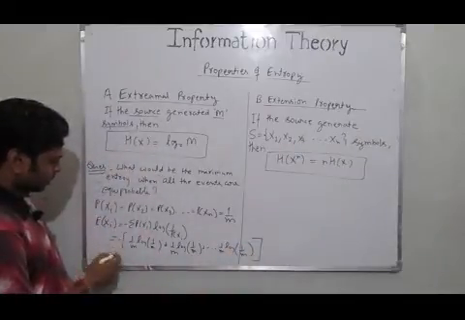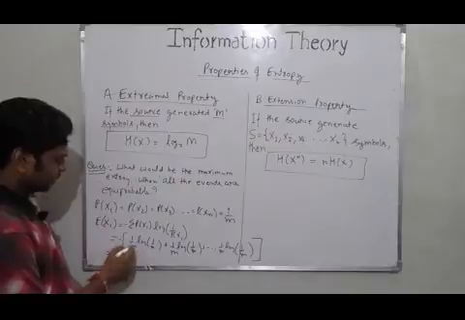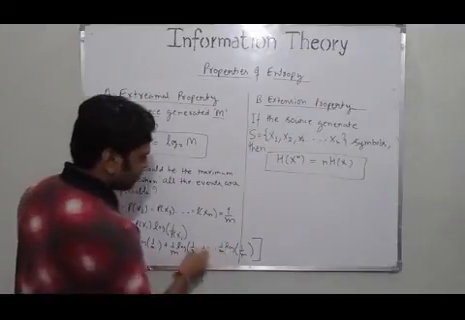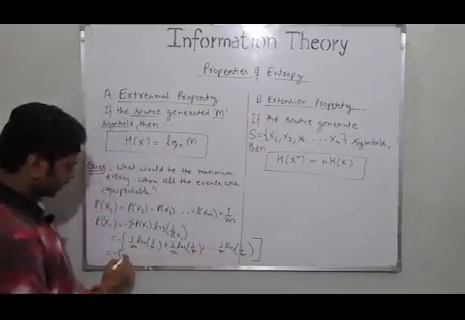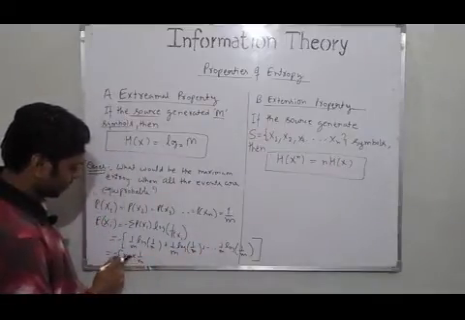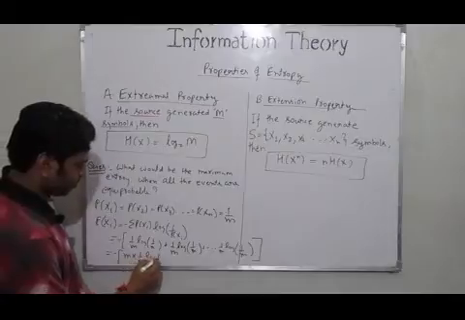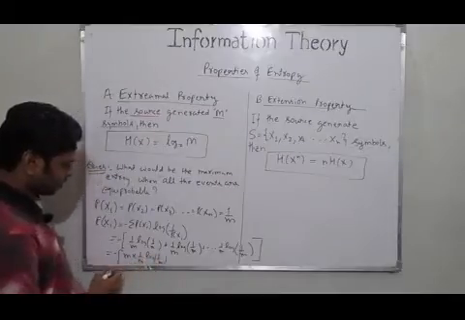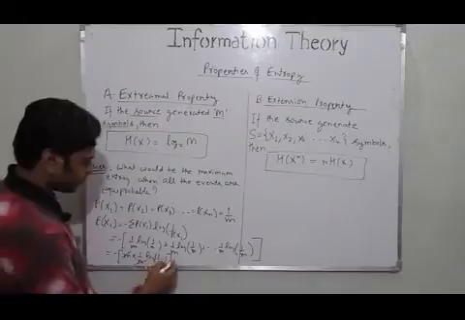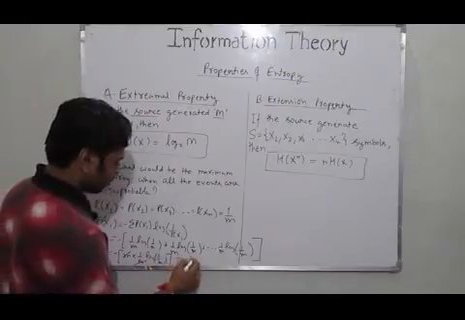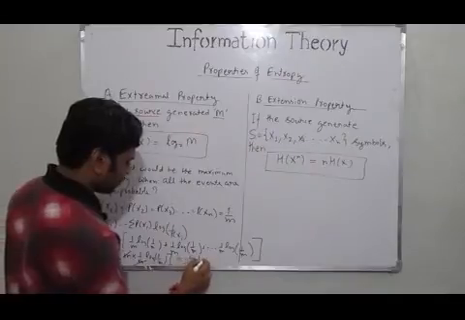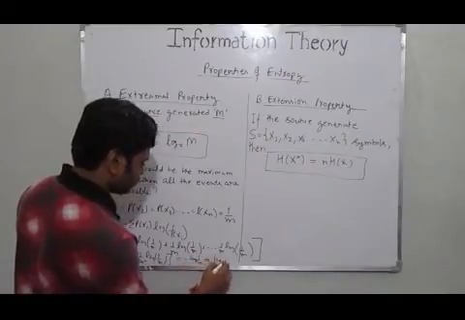The outcome would be that we can see there are m events, so we can write it as m times 1 by m into log 1 by m. Fine? So this would cancel out, and the answer that we obtain would be log m, or log 2 m.